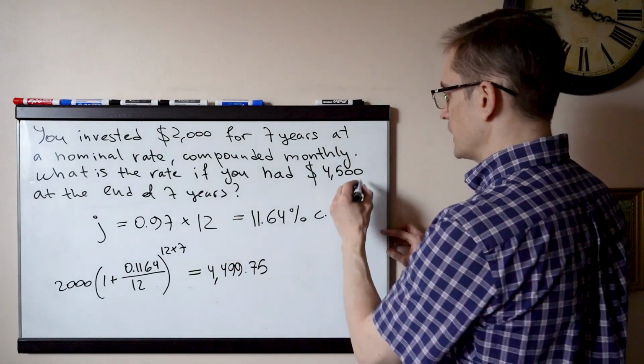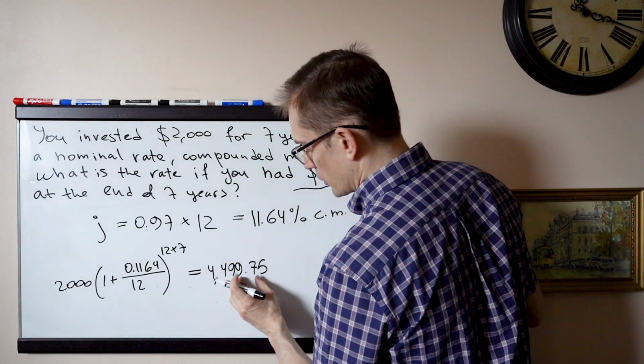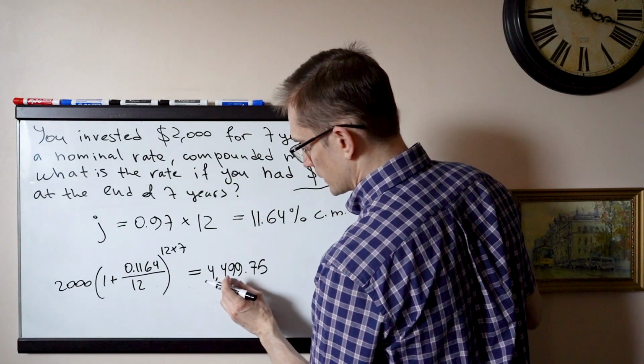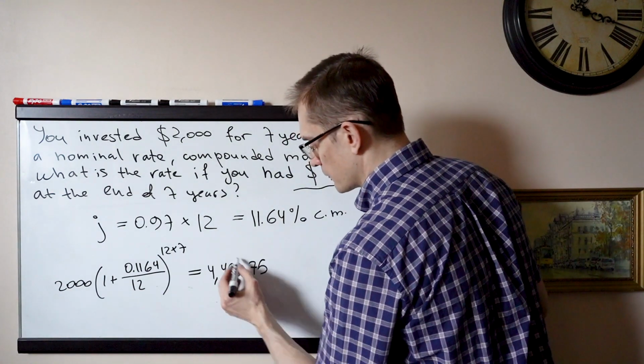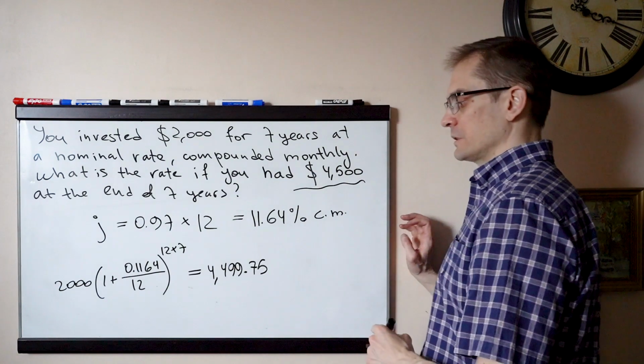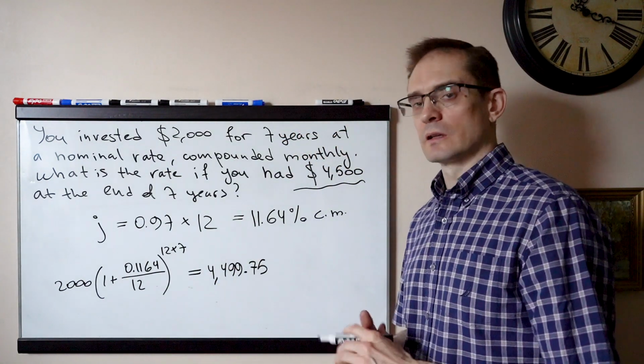Well, how much should we get? 4,500, right? But we're almost there. It's 4,499.75. Now, the reason we do not get the full 4,500 is because we rounded our rate.